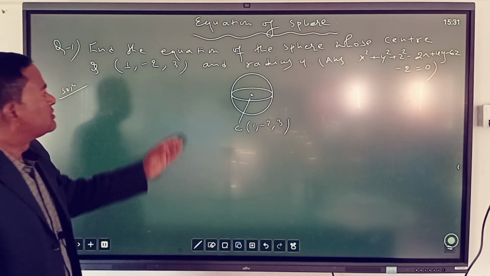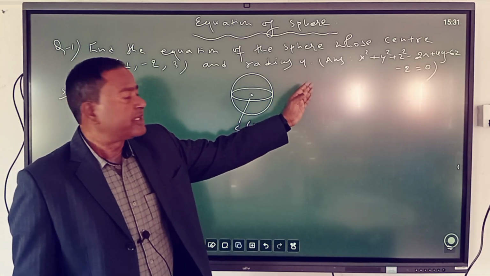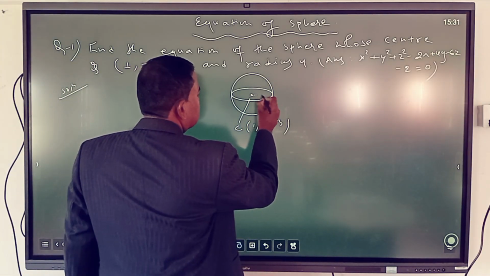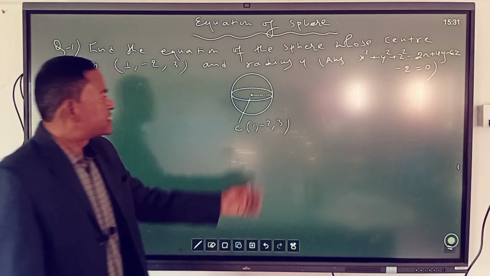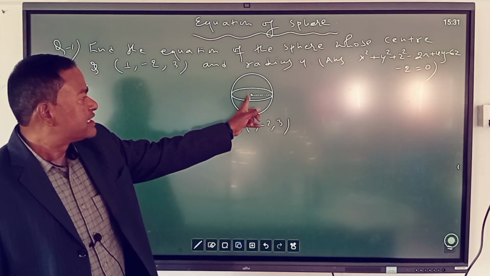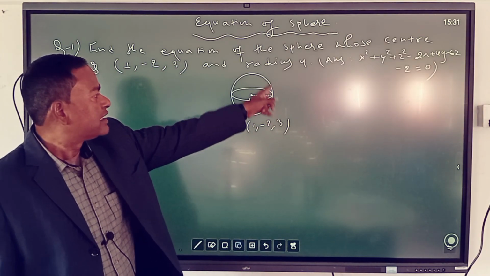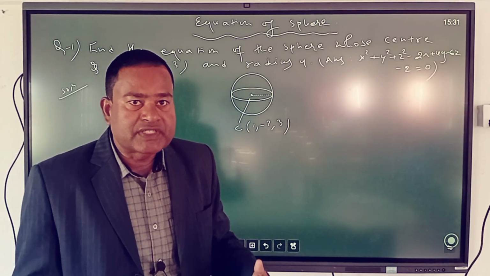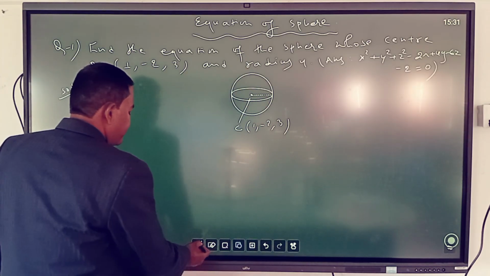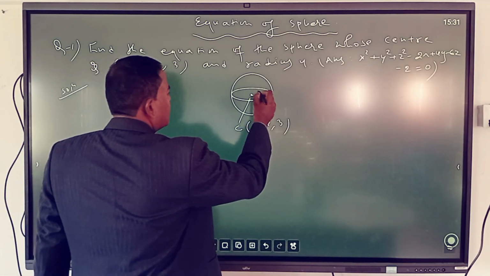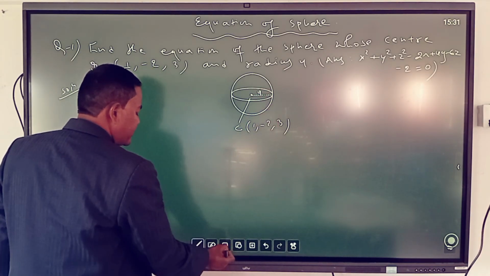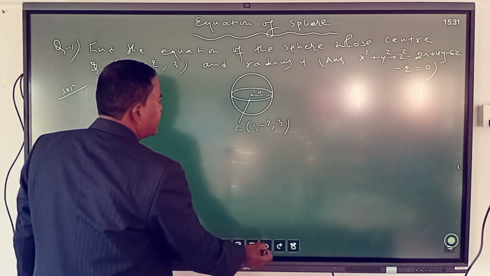Now the radius of the sphere is also given, which is 4 units. The distance between the center and any point of the sphere is called the radius of a sphere. So the radius of the sphere is given as 4 units.